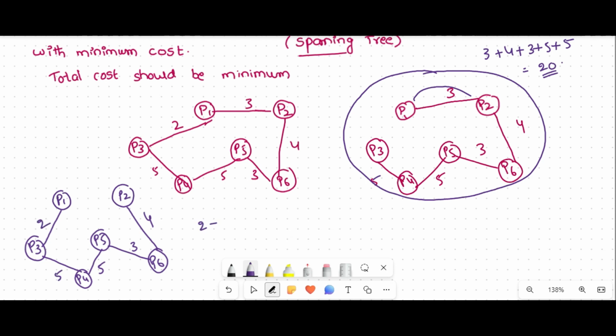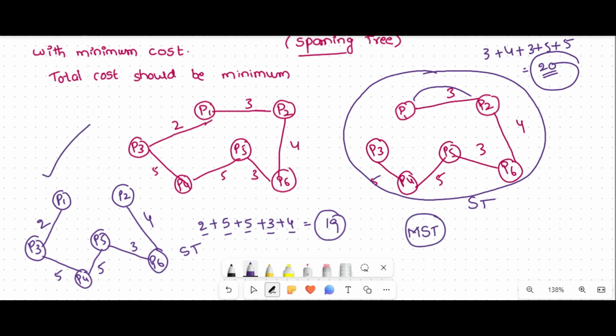The total distance is 2 plus 5 plus 5 plus 3 plus 4, which is 19. This is also a spanning tree, but its cost is 19 while the other is 20. We will take this one as the minimum cost spanning tree, not that one, because the total cost should be minimum.